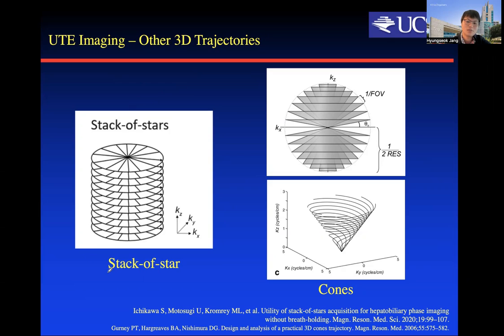One popular trajectory is called stack of stars. So it looks like a radial in 2D, right? But we cover 3D k-space using these stacked stars. So we call it stack of stars. I think this approach has some advantage because in the kz direction, we can cover this with some kind of Cartesian scheme.